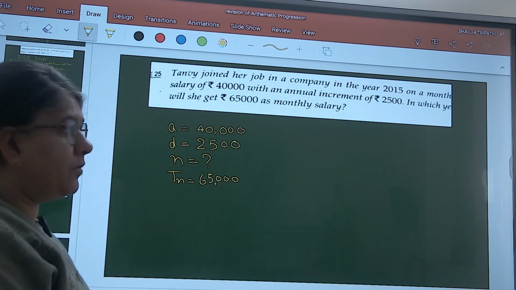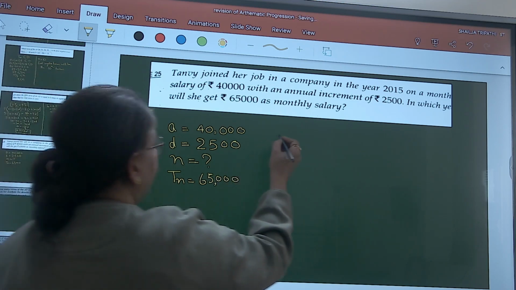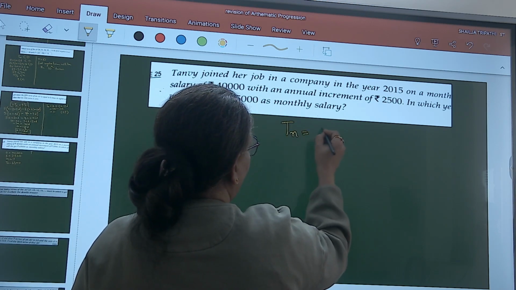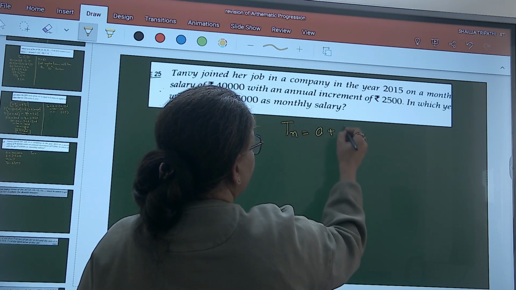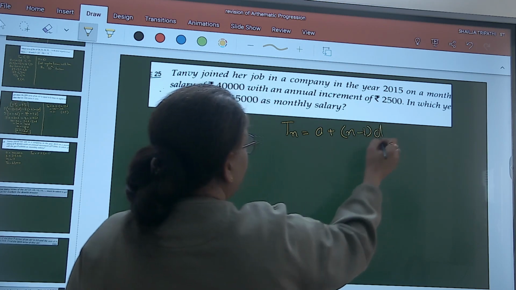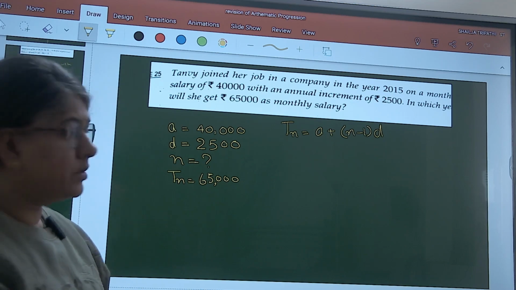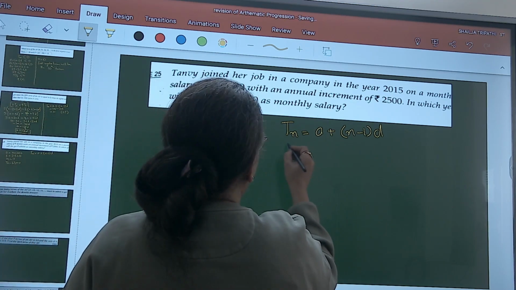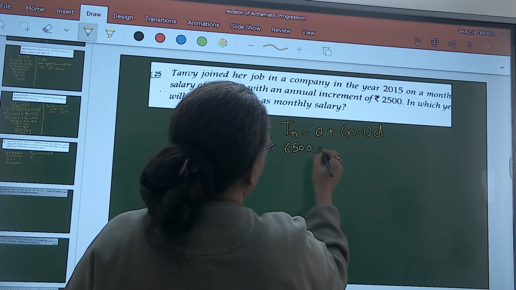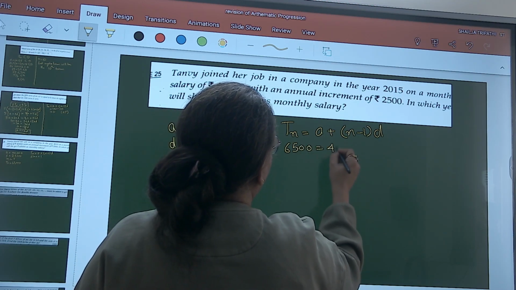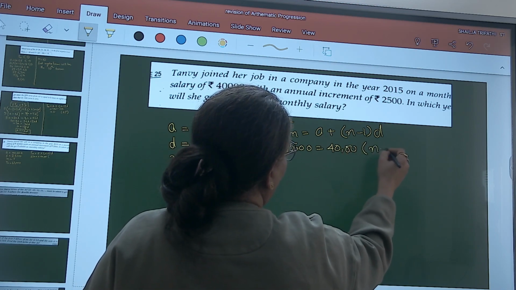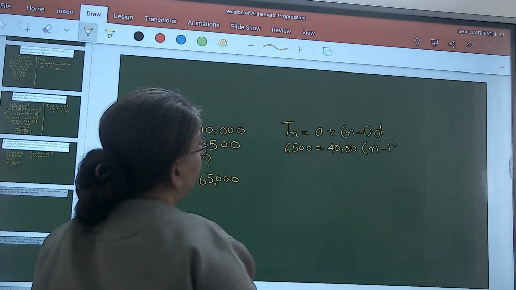Again, we'll apply the formula Tn is equal to a plus (n minus 1)d. Let's put these values. Tn is 65,000 is equal to 40,000 plus (n minus 1) times 2,500.